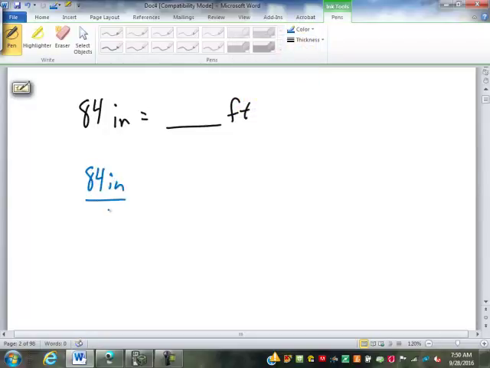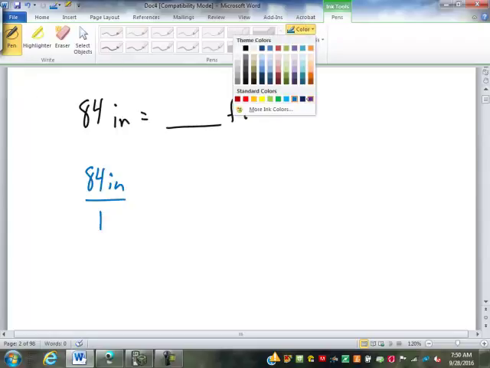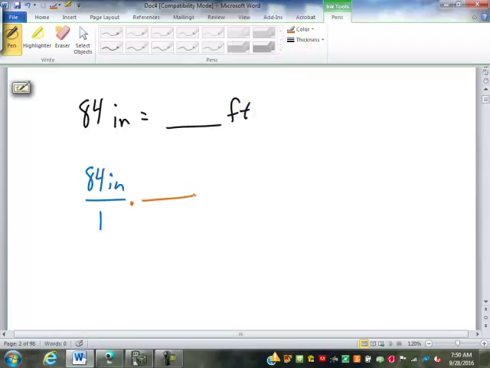But the way it would be set up is like this. It's 84 over 1. We're getting rid of inches, so inches go on bottom so they'll cross cancel. That means feet have to go on top because that's the unit we're converting it into. 1 foot is 12 inches. So the inches do cross cancel. 84 times 1 is 84, and it's feet. 1 times 12 is 12, so 84 divided by 12 is 7 feet.